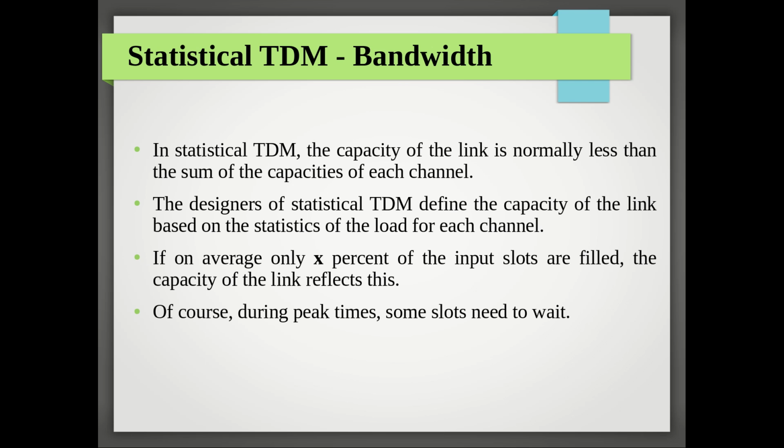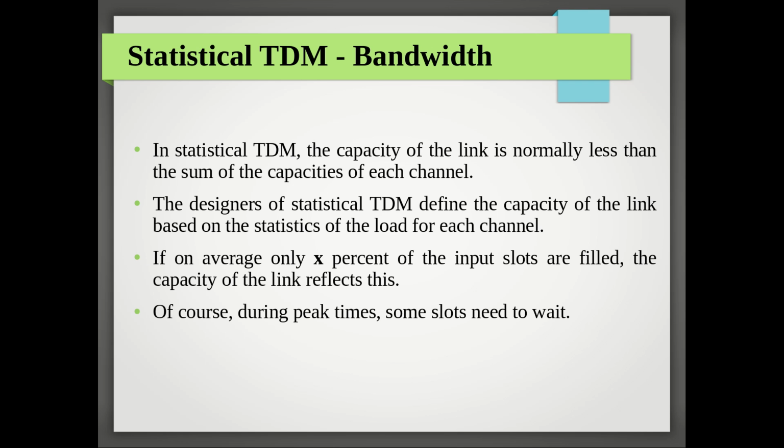But of course, even though this is on an average, because we are taking our statistics, like on the average x percentage is being filled, definitely the worst case will occur, where during peak times some slots need to wait, because they are generating data that is more than what is being handled by the outgoing link.